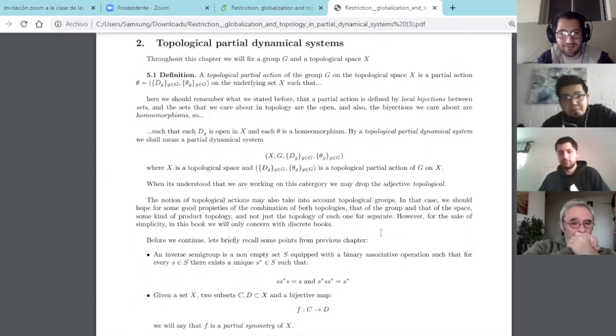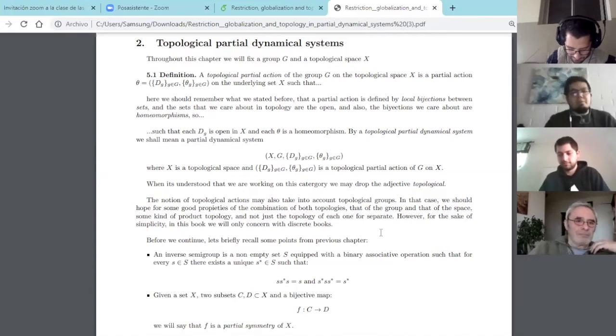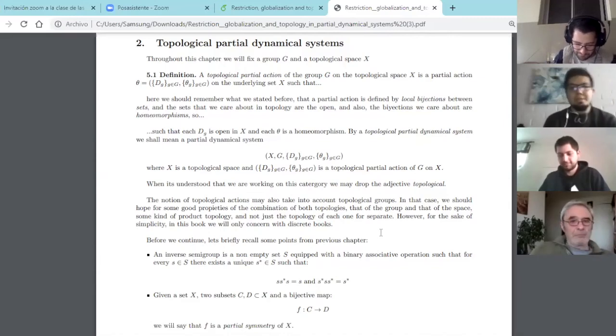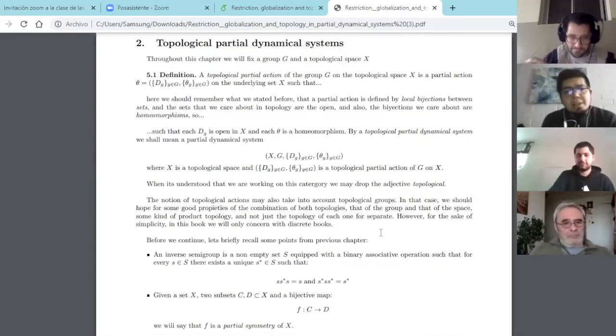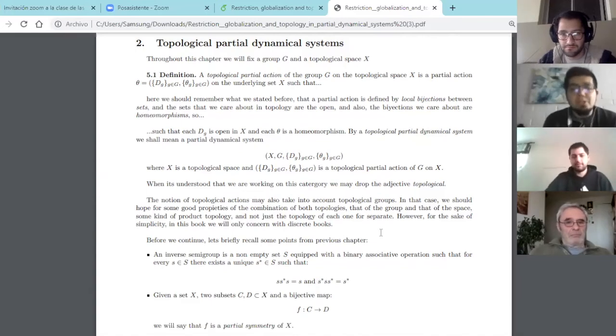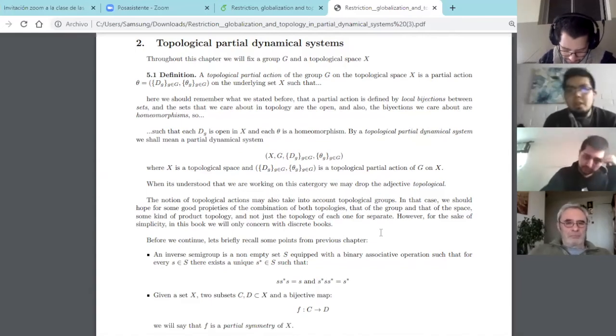So now we would like to discuss topology here in partial dynamical systems. We will fix a group and a topological space X. Now we will give a topological structure to our space. A topological partial action of the group G on the space X must be a partial action.